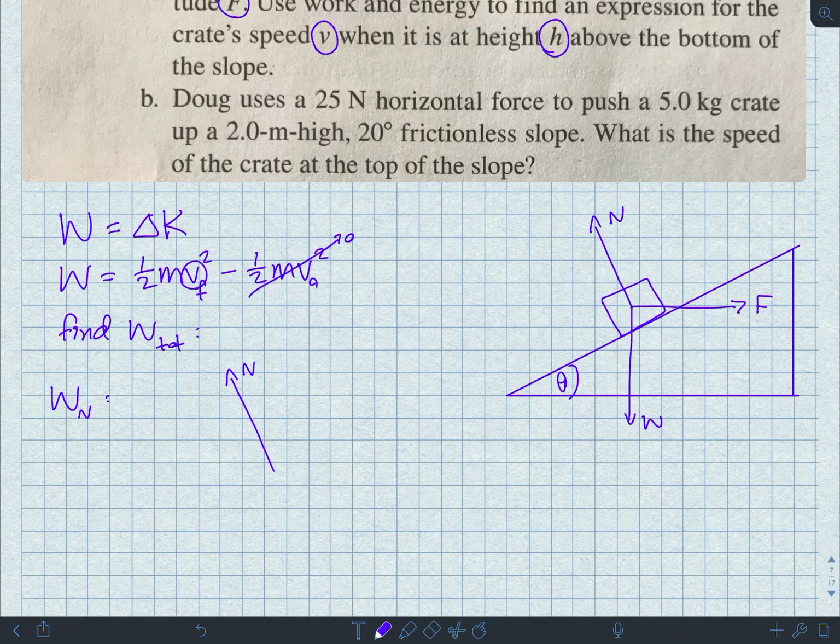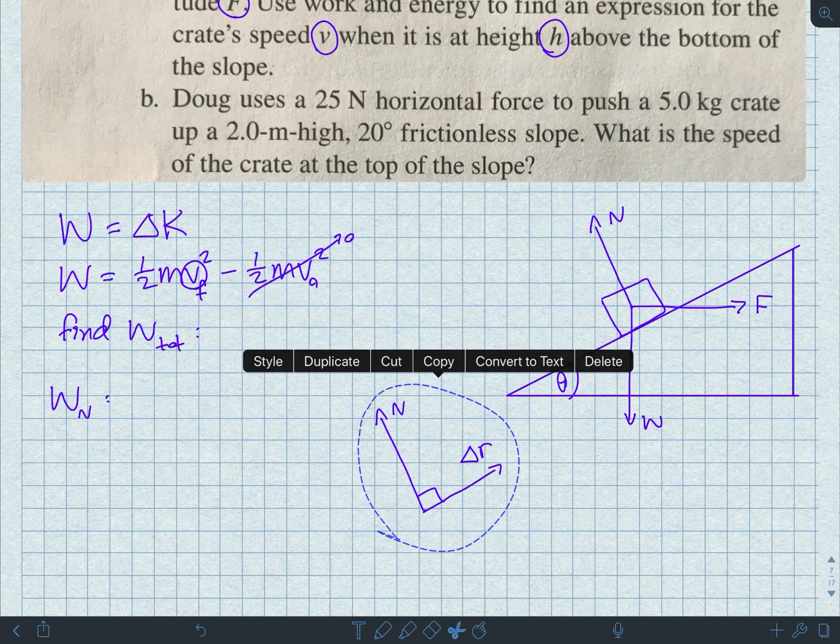Now think about the displacement of the box. The displacement of the box is along the ramp, yes? So it's going to be like this. So here is our delta R. And let's think about the angle here. Because this is the normal force that's perpendicular to the ramp, this is going to be a 90-degree angle. Okay, so let's just move that over there.